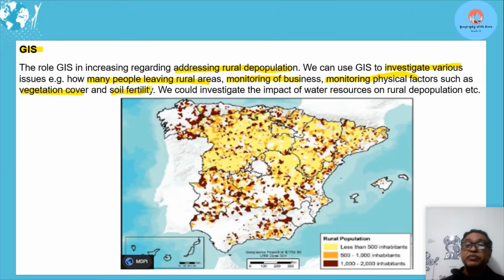We can look at all this and gather it from GIS. We could also investigate the impact of water sources on rural depopulation. Lack of proper water sources, not just piped water, but availability of water for farming, etc. So GIS is going to play a big, important part. That's why we geographers are so important, because another factor is GIS.